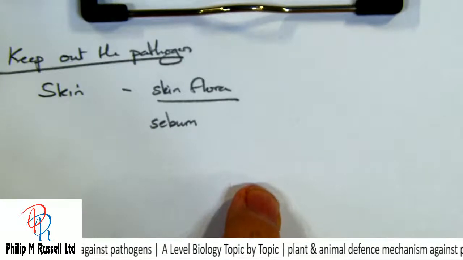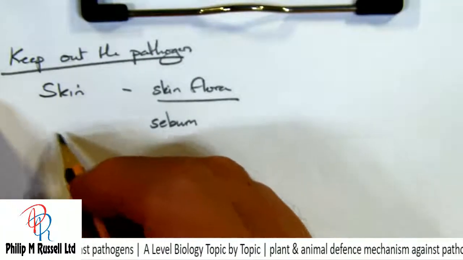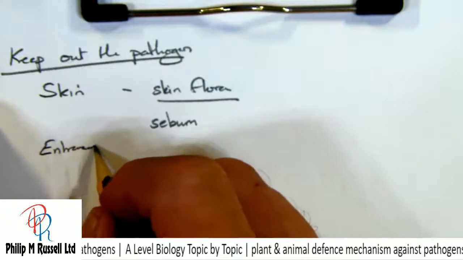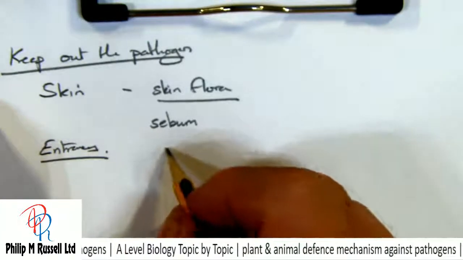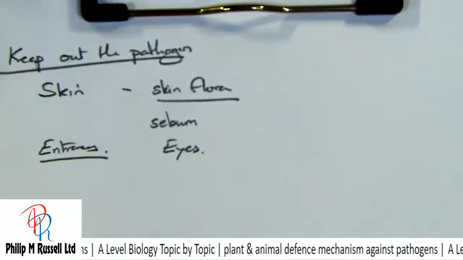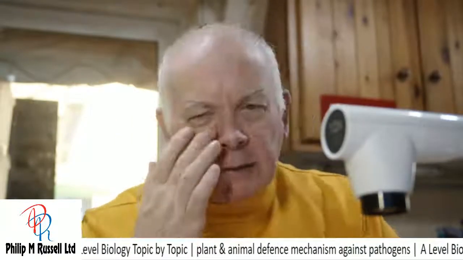But unfortunately we've got holes in the system, so we've got to deal with the entrances to the body. The first of those would be the eyes, and I'm always cheered up to know that, you know, oh, that tear, it's so romantic and lovely. Yeah, it is, until you start going into the biochemistry of it.